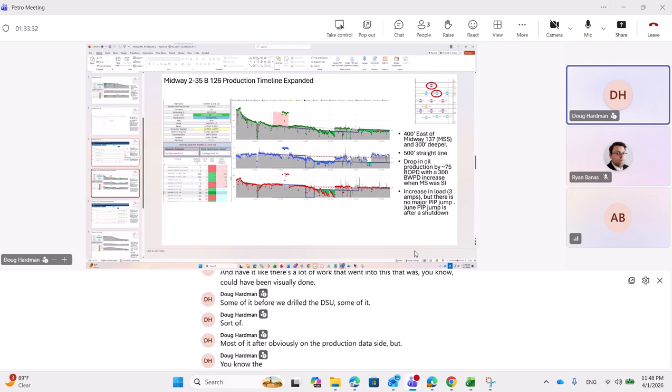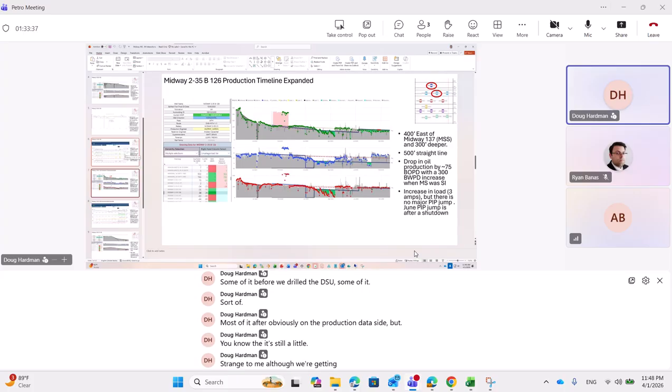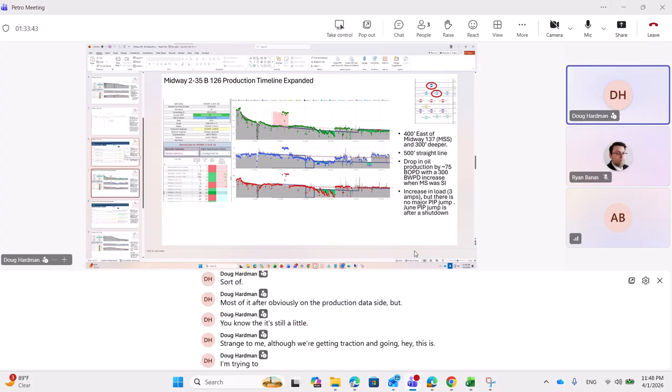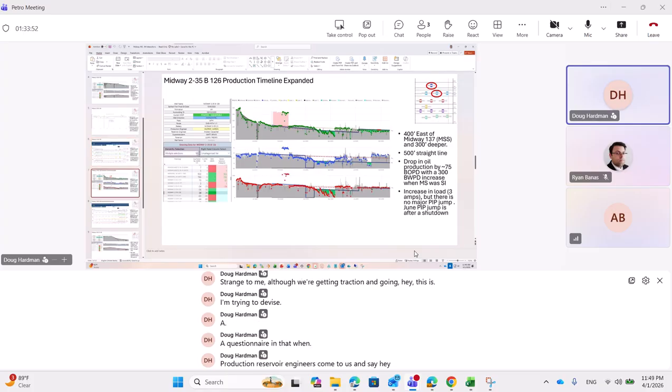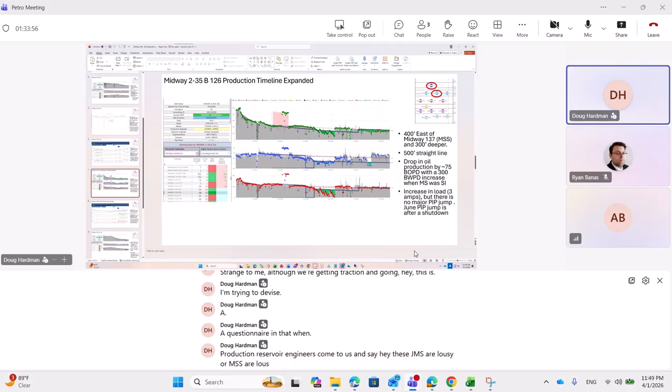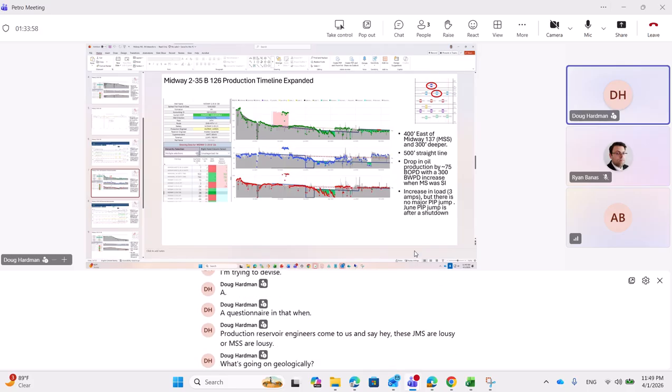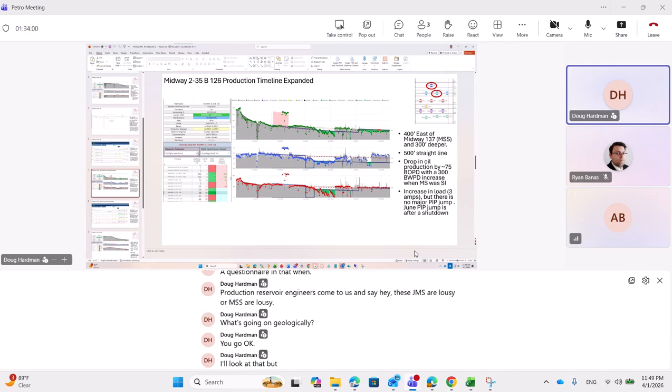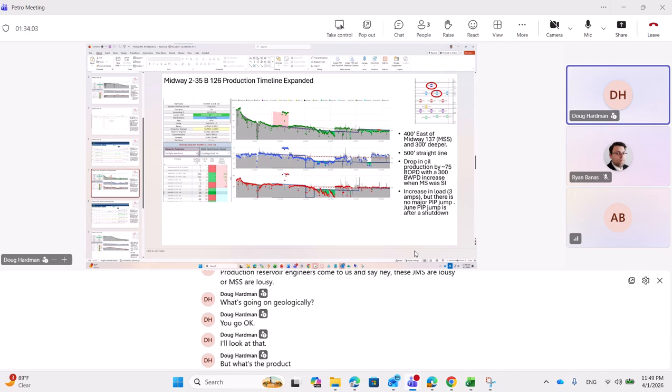It's still a little strange to me, although we're getting traction. I'm trying to devise a questionnaire, because when production reservoir engineers come to us and say these JMs or MSs are lousy, what's going on geologically? I'll look at that, but what's the productivity index?